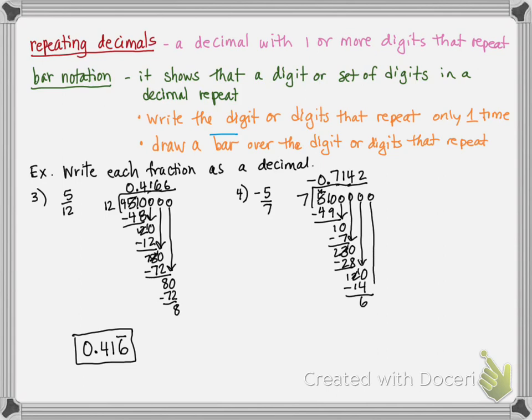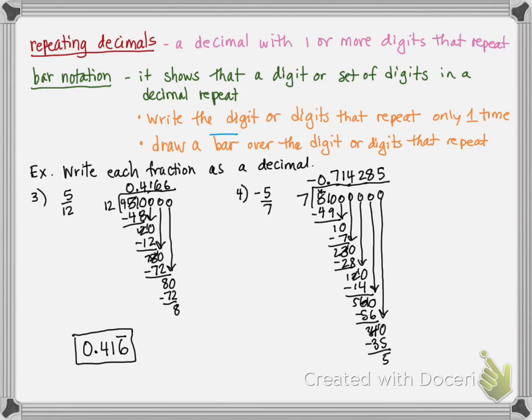Holy smokes. 7 goes into 60 8 times, which is 56, and that gives me a difference of 4. Oh my goodness. Bring down another 0, and 7 goes into 40 5 times, which is 35. And then we get back to 5.